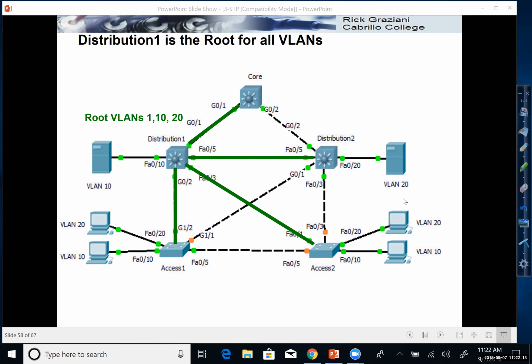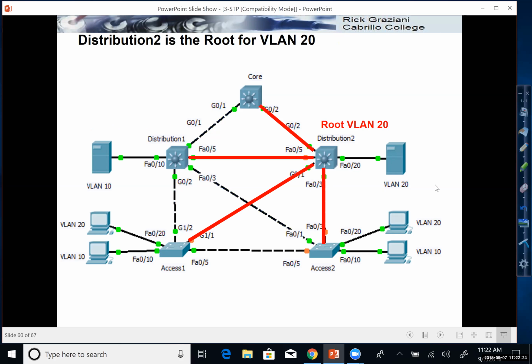What if we did this? What if we made distribution 1 our root bridge for VLANs 1 and 10 and made distribution 2 switch our root bridge for VLAN 20. Now remember in the bridge ID, we talked about the extended bridge ID and the system ID, the VLAN information between the bridge priority and the MAC address.